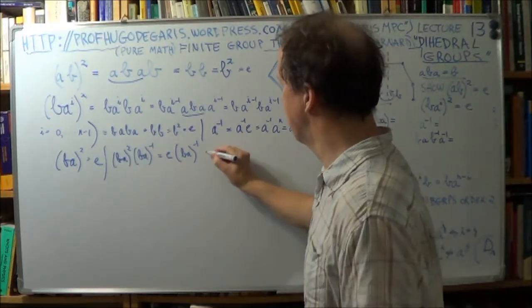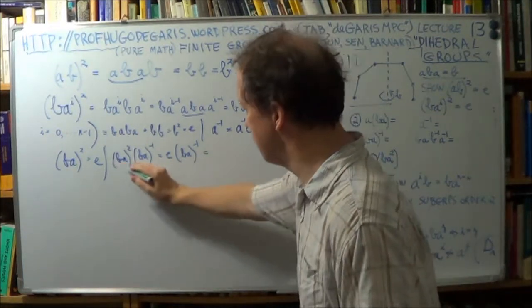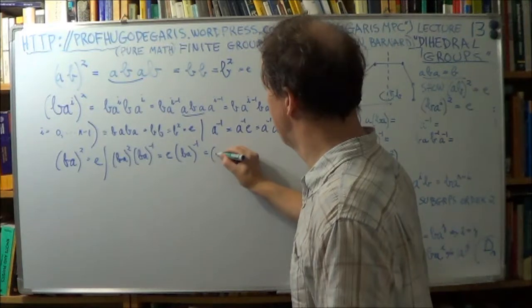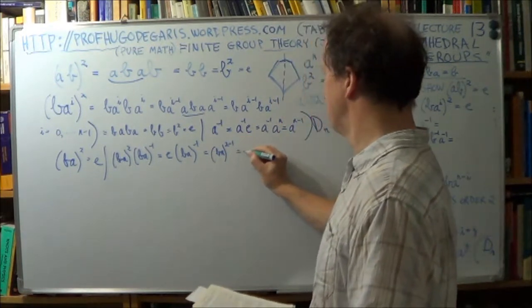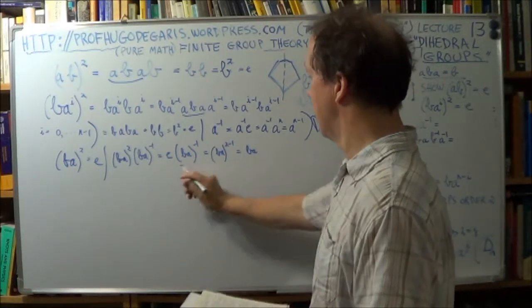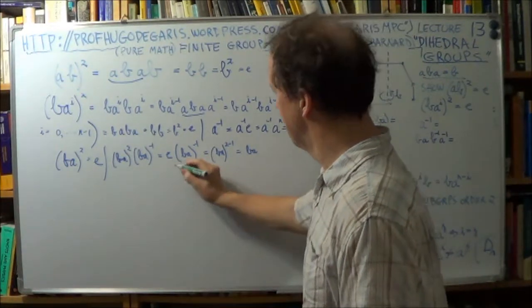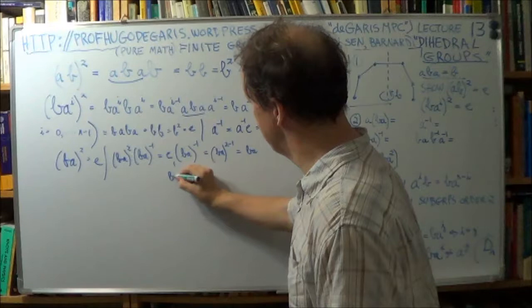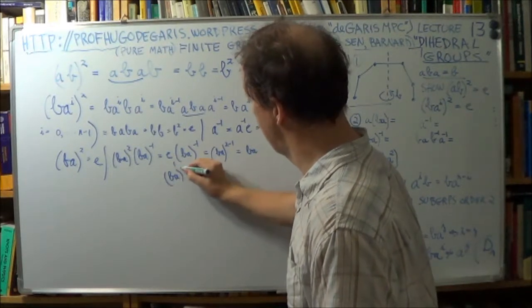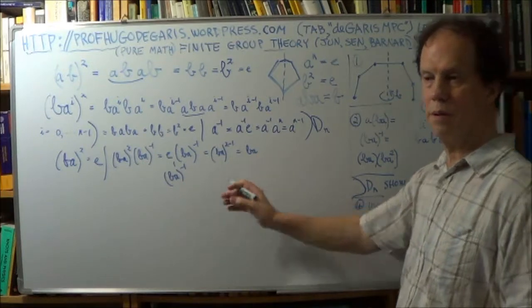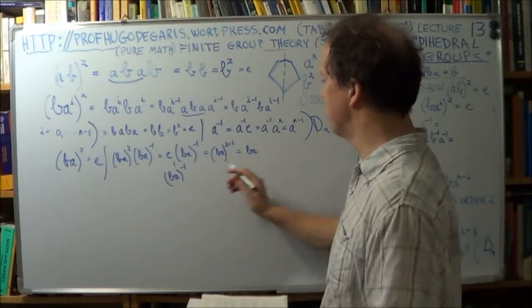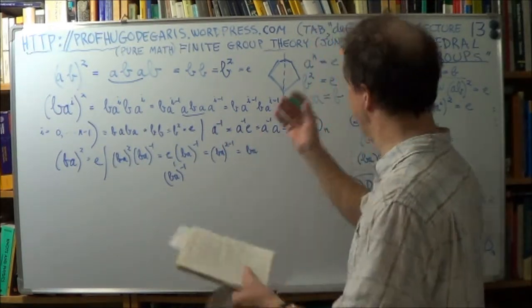Well, it's just BA. This just becomes BA to the 2 to the minus 1. So that's just BA, and this is just BA inverse. So BA inverse equals BA. So the inverse is the same. So BA all inverse is just BA.